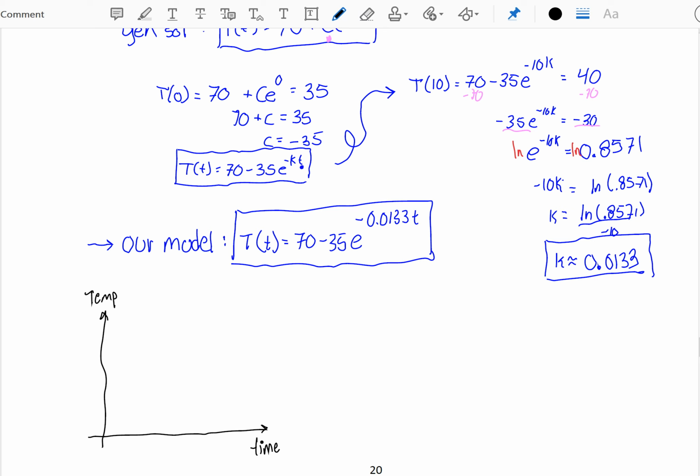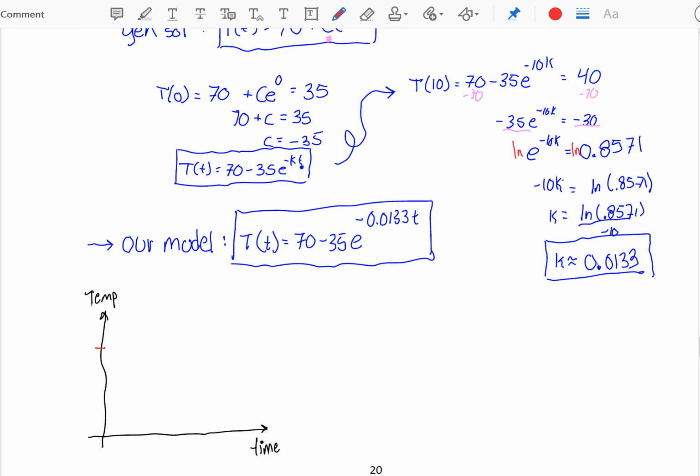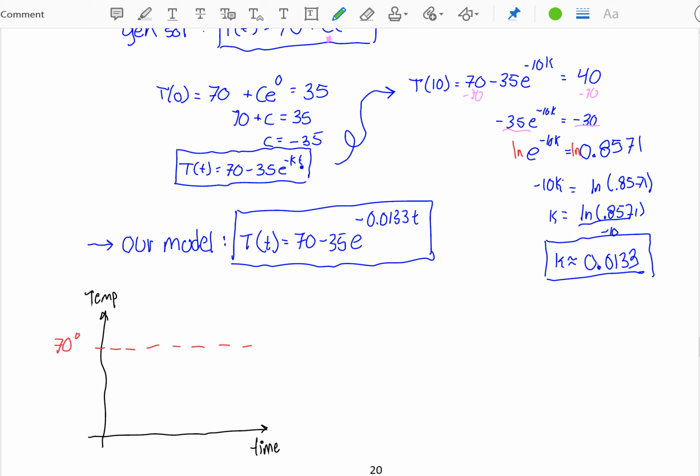So remember, graphically what we should be seeing here is that our equilibrium temperature was the room temperature, which we said was 70 degrees. And we're taking a beer that's starting out at 35 degrees, so down here. And we know over time this beer is going to warm up and approach the room temperature.